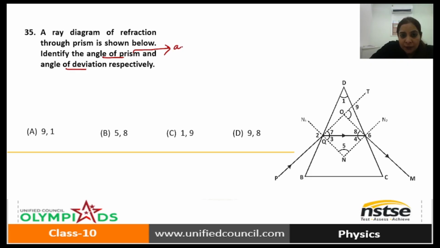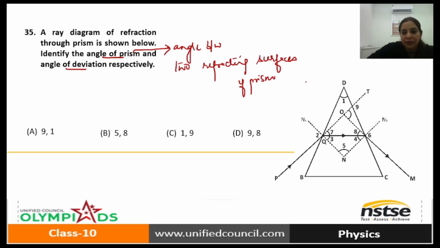Angle of prism is basically the angle between two refracting surfaces of the prism. That means where the two surfaces meet. As this is prism BCD, you can see that angle 1 denotes the angle of prism.